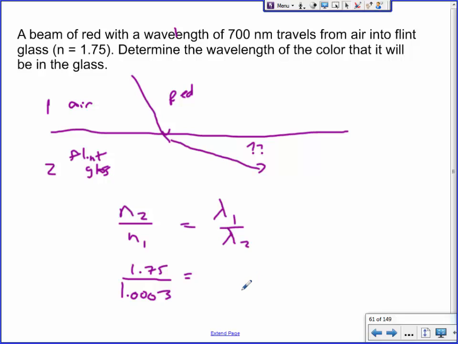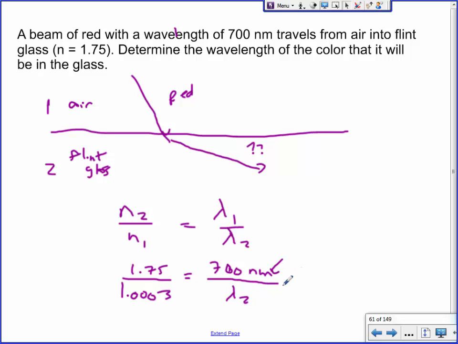And then wavelength 1, it was red light when it went in. Red light is 700 nanometers. Let's solve for wavelength 2. First question a kid might ask me, do I have to convert this nanometers into meters?